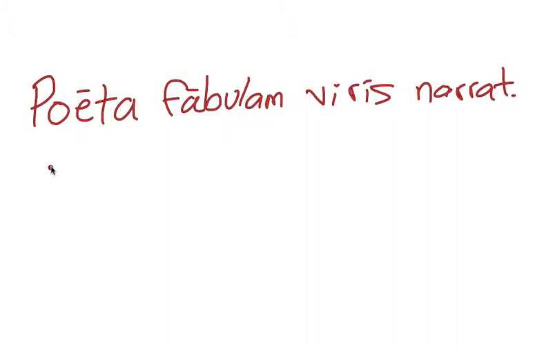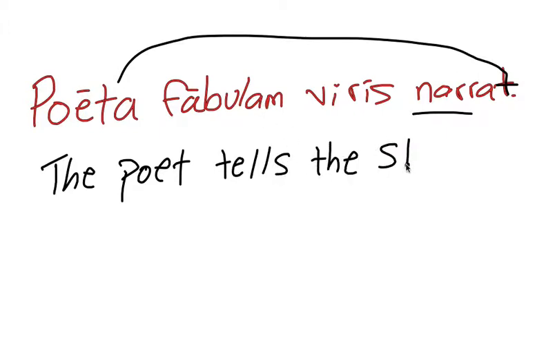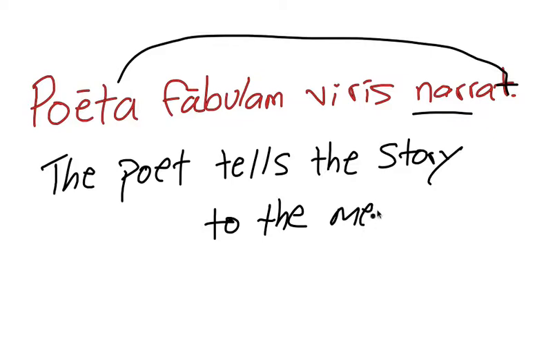Okay, here's another sentence with an indirect object in it. So poeta, the poet. What does he do? He narrates. So the poet tells. What is he telling? The story. To whom is he telling it? To the men.